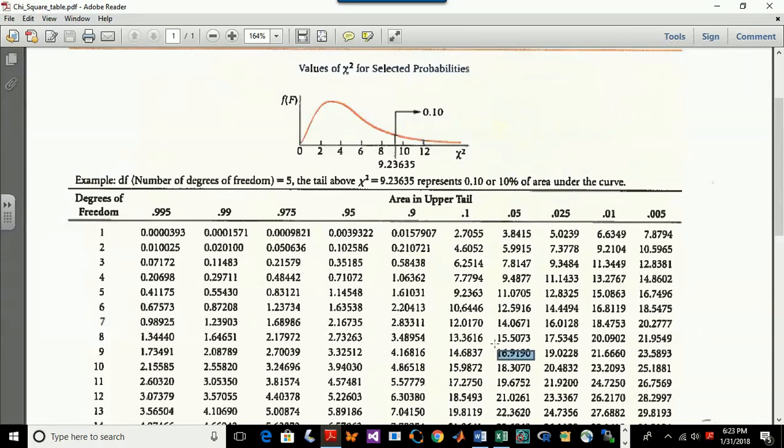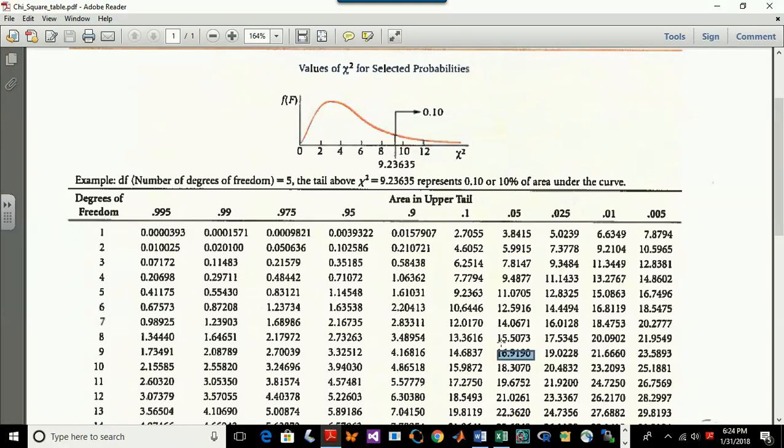So that gives us a critical value of what? The book has 13. I'm not sure where they're getting that from. Let's see, alpha 0.5, yeah, 15.507.